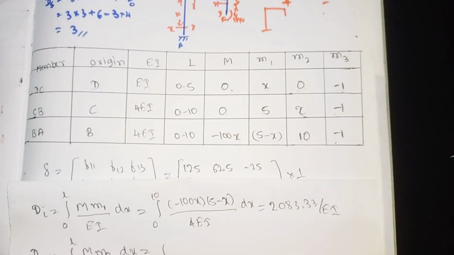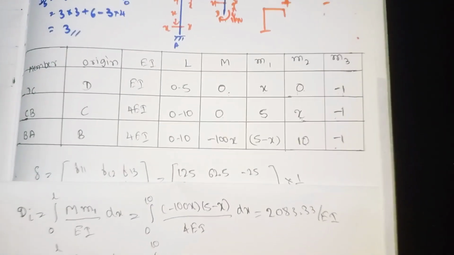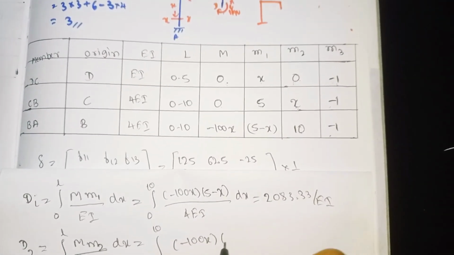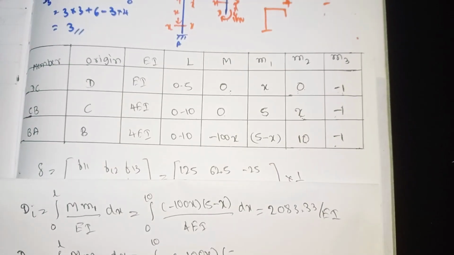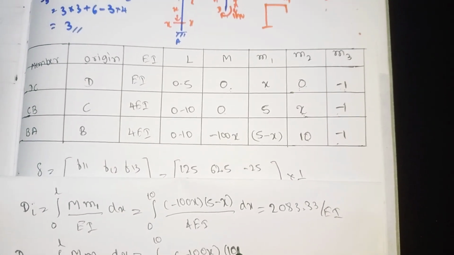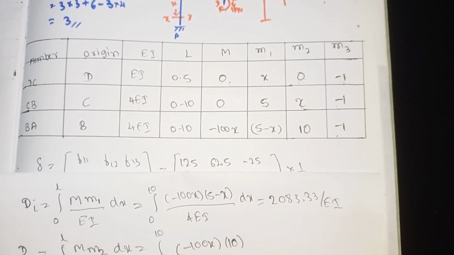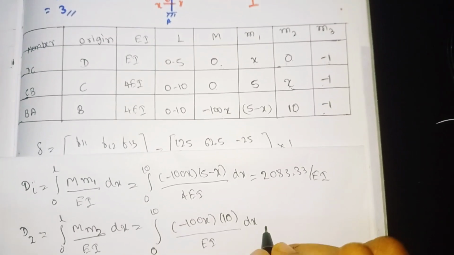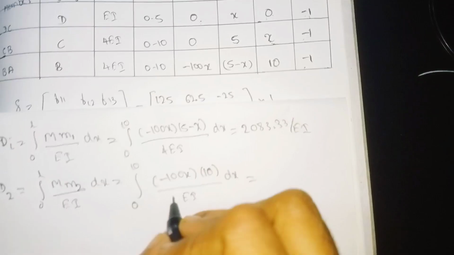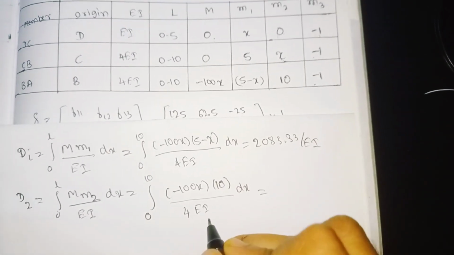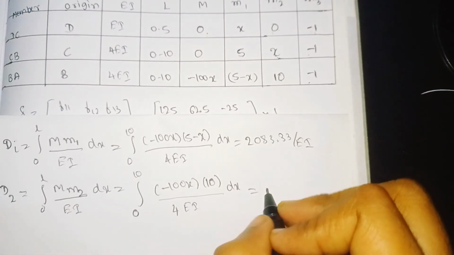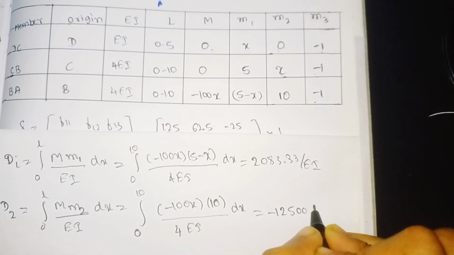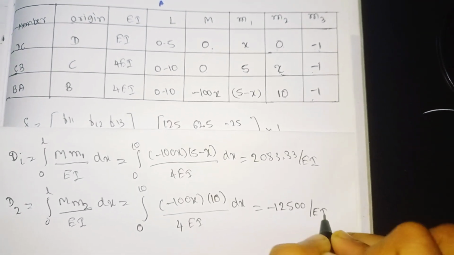So limit is 0 to 10, integration of 0 to 10 minus 100x into M2 value, which is 10, divided by EI value 4 EI into dx. Now solve it. So by solving it will come out as minus 12,500 divided by EI, which is our D2 value.